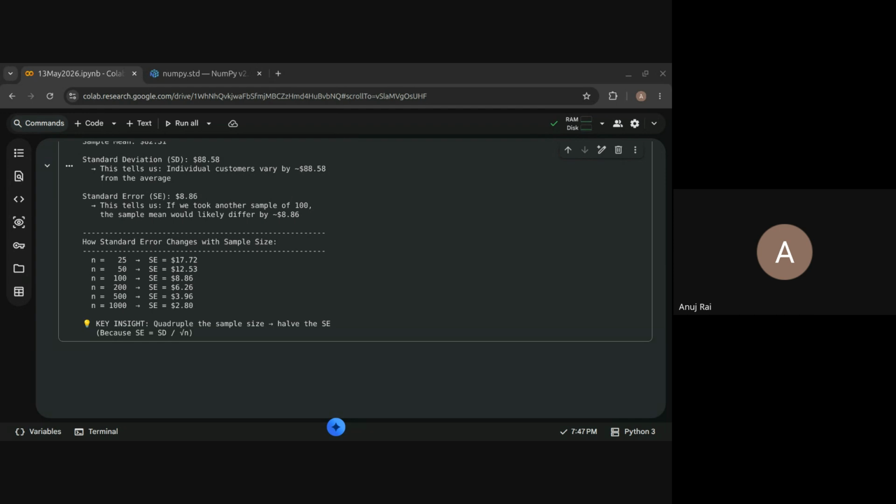Let's move to our next topic, confidence interval. Let's say a company's decision maker asks, what is the average spending of our customers? We could say 87.34, for example. That is called a point estimate, a single precise number.